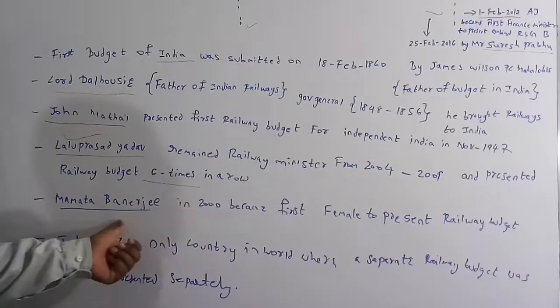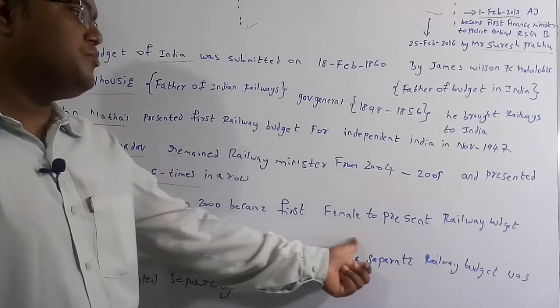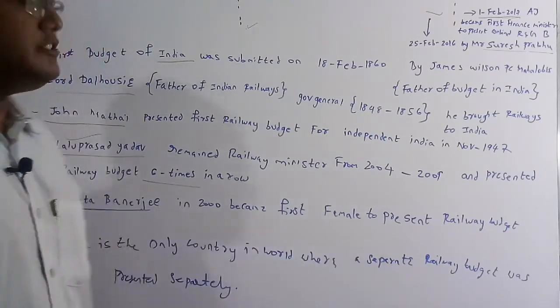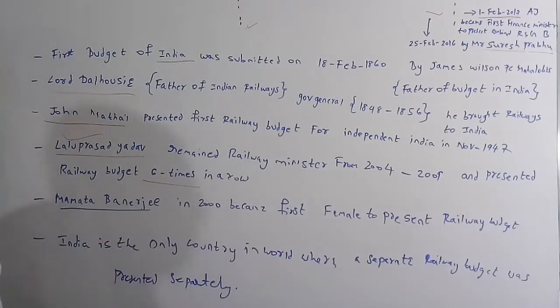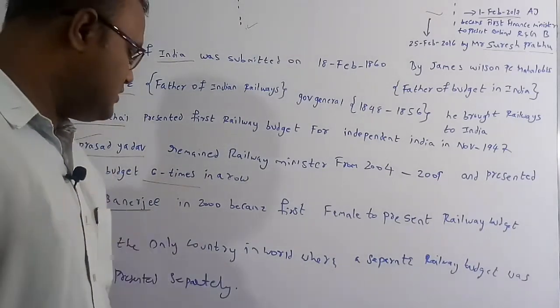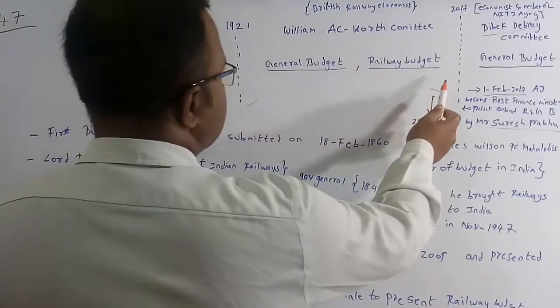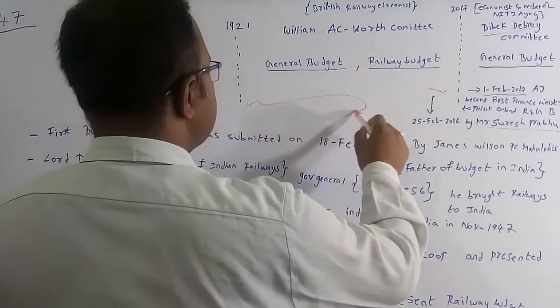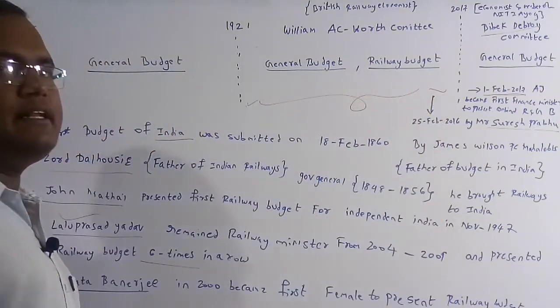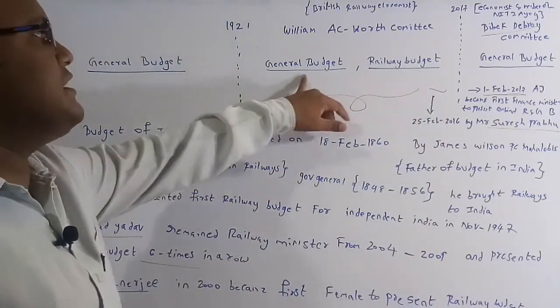See, Mamata Banerjee in 2000 became the first female to present the railway budget. She is the first female to present the railway budget separately, in the year 2000. And India is the only country in the world where a separate railway budget was presented. From 1921 to 2017, the railway budget was separately introduced along with the general budget.